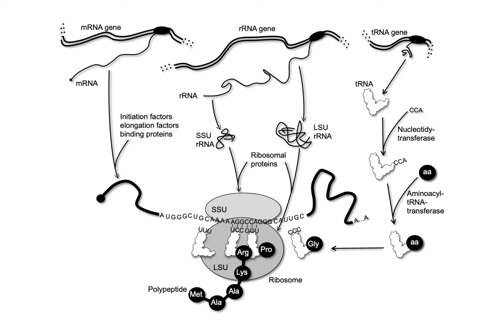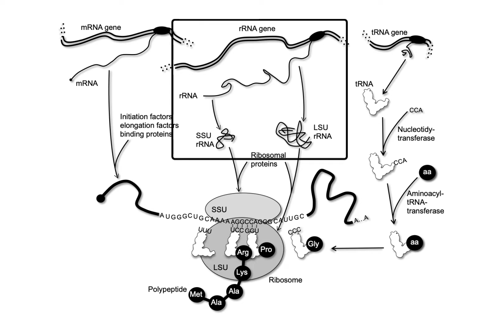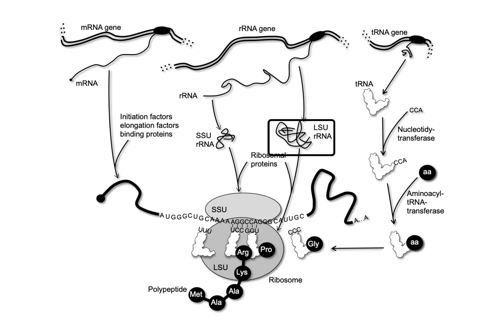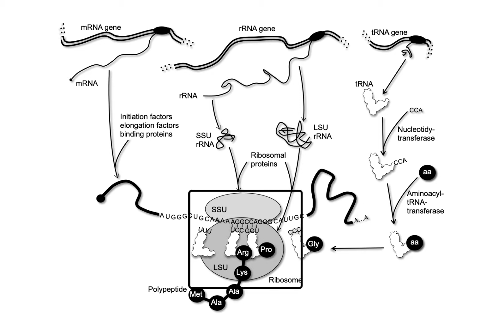So just to show you how some of these come together to make proteins, the mRNAs contain the messages. They're capped with that 7-methyl-guanosine and then fed into the ribosome. The ribosome consists of ribosomal RNA, which contains the enzymatic function to attach the amino acids together in the polypeptide, and proteins. Those come together in the small and large subunit along with proteins, which primarily hold the RNA in its conformation.